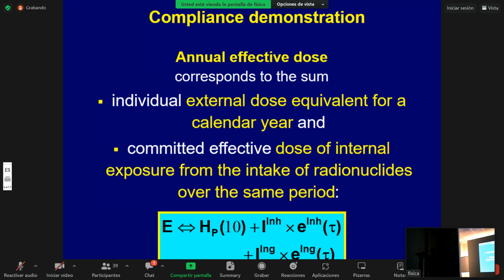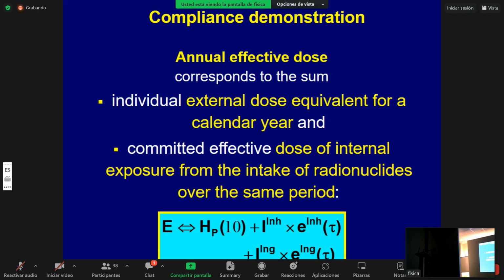E is the annual effective dose, in sievert per year. H_p(10) is the individual external dose equivalent per year, in sieverts per year, and then the coefficients: I with index oral means oral intake of radionuclide into the body per year, in becquerels per year, and I with index inh is the inhalation intake of radionuclide into the body per year, again in becquerels per year.